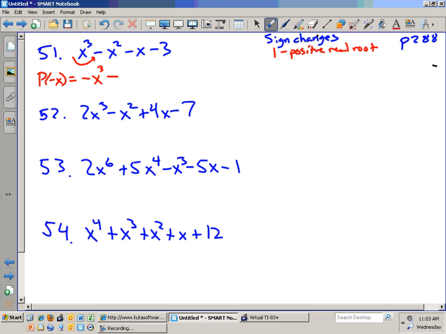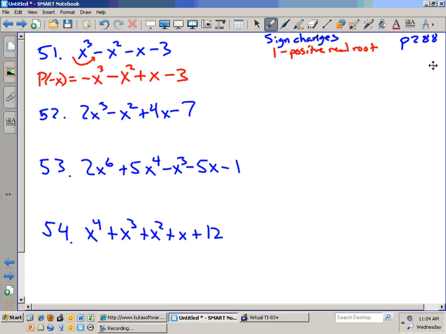Minus, what do I get if I take negative x and square it? Positive x squared. So minus a positive x squared, minus, if I plug in negative x for x, I get negative x. So minus a negative x, or plus x, minus 3.